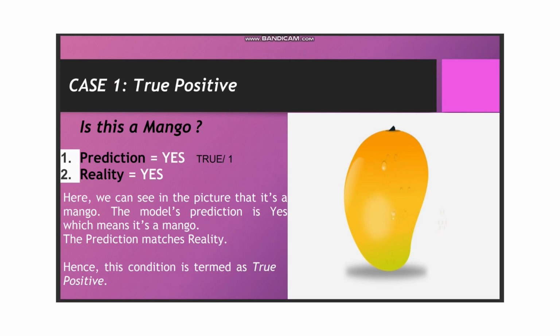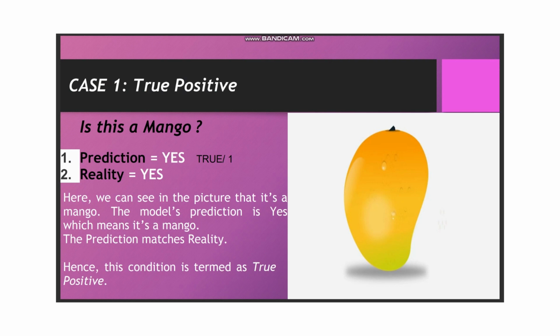Let me explain. There is a question written over here: is this a mango? An AI machine is developed and trained with hundreds and lakhs of pictures of mangoes, of fruits. Now, after the fourth step of modeling, the AI machine is being evaluated.